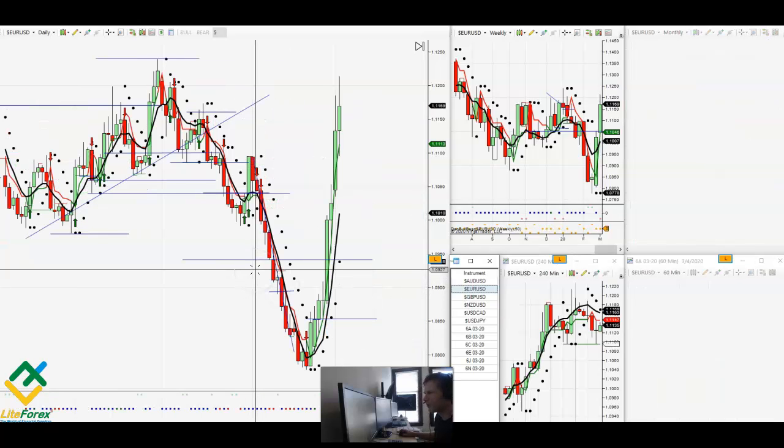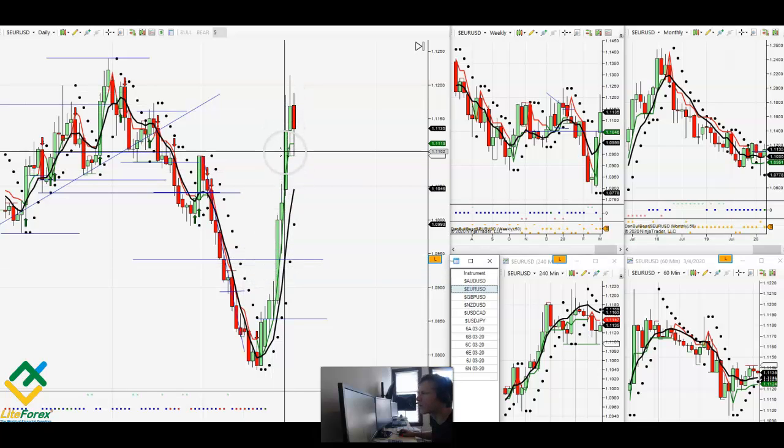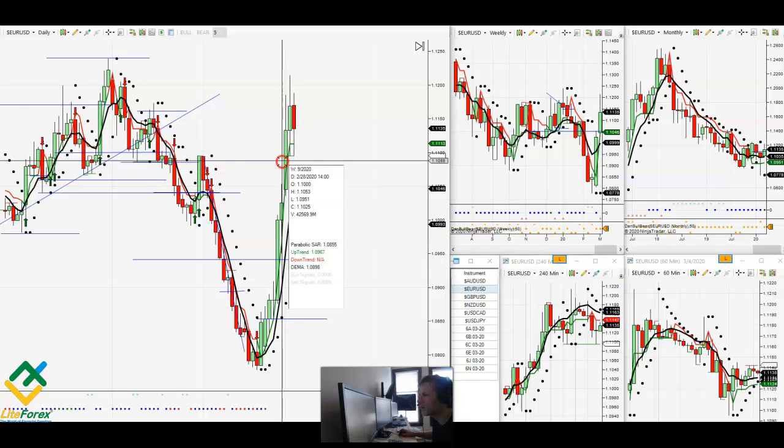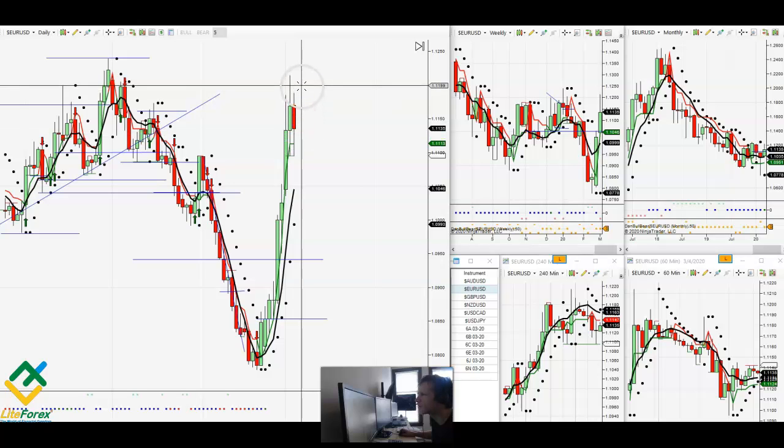Okay, so the Euro USD has been on quite a rally, and I've been just waiting for the pullback, the rebound, and we just keep going up and up. Now today we did pull back. We hit some resistance at 1.1200.